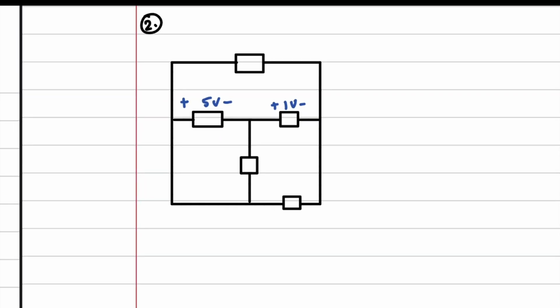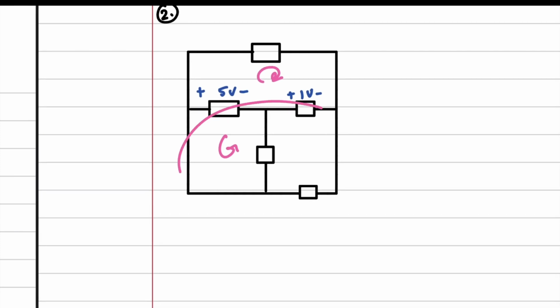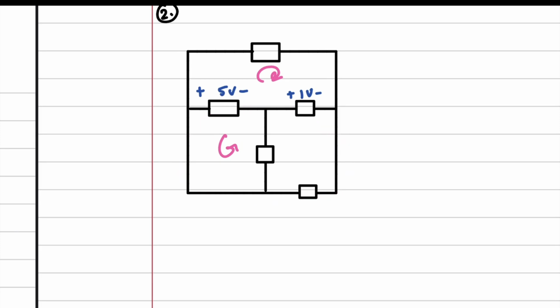Here's another problem. Now, how do we solve this first? So we can do either this loop or this loop first. We can even do this loop, but that's pretty unnecessary. So let's just go ahead and do this loop first.